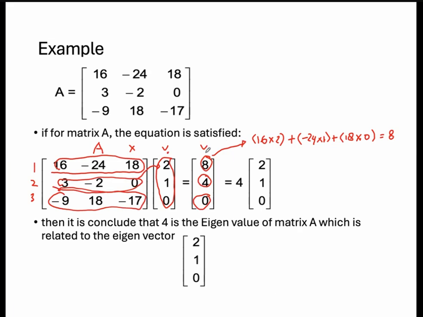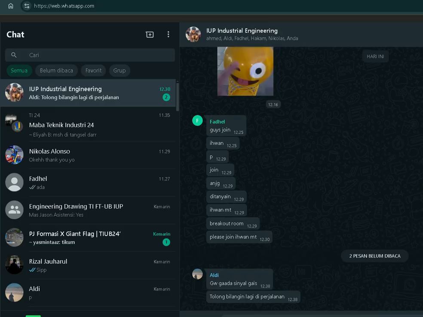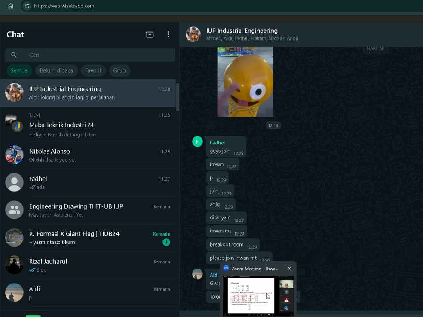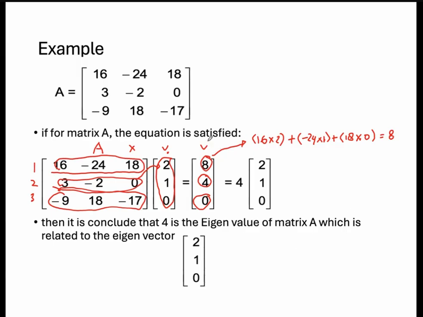The result of multiplying the two matrices contains only 1 column. First row has value 8, second row 4, and third row 0. And this matrix equals a scalar multiplied with a new matrix. The new matrix has values 2, 1, and 0.